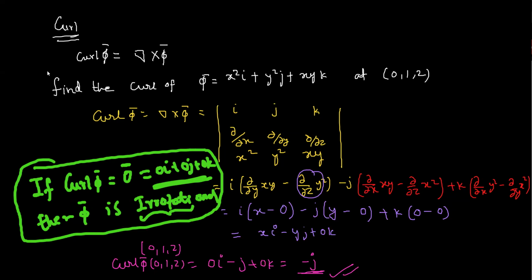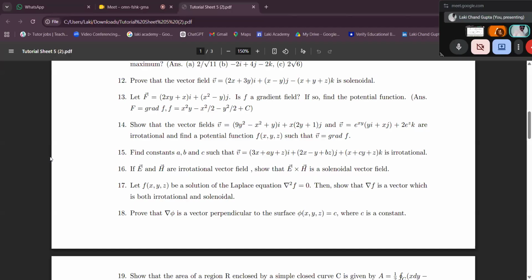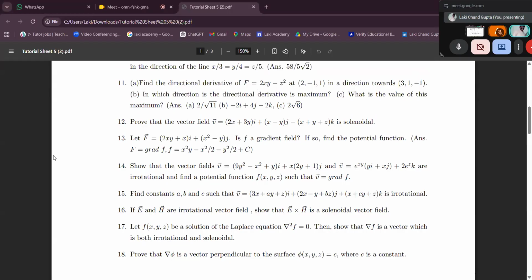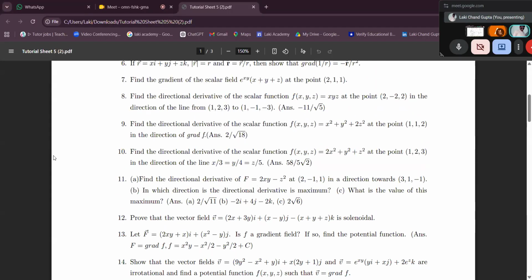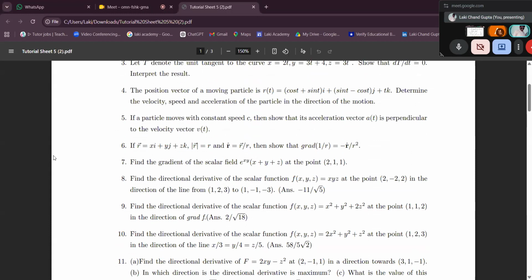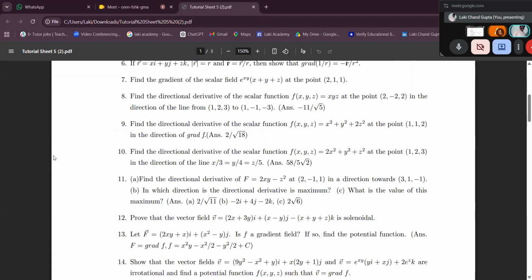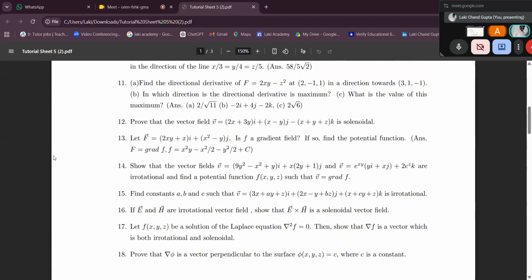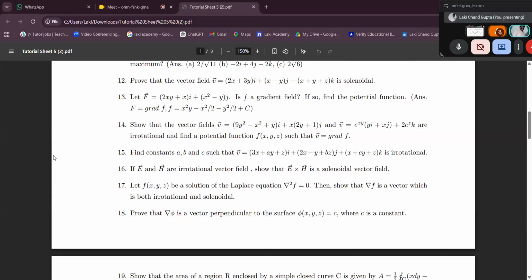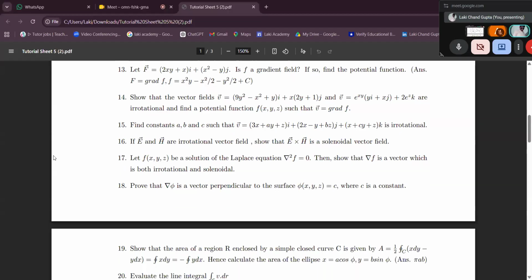Okay. Now see, where is irrotational? Irrotational starts from question number 14.